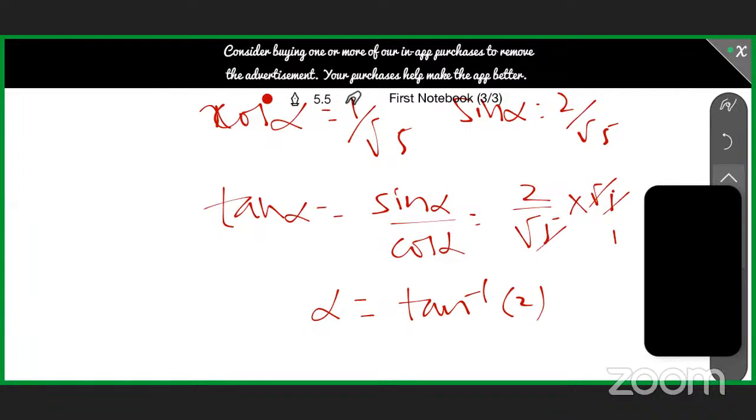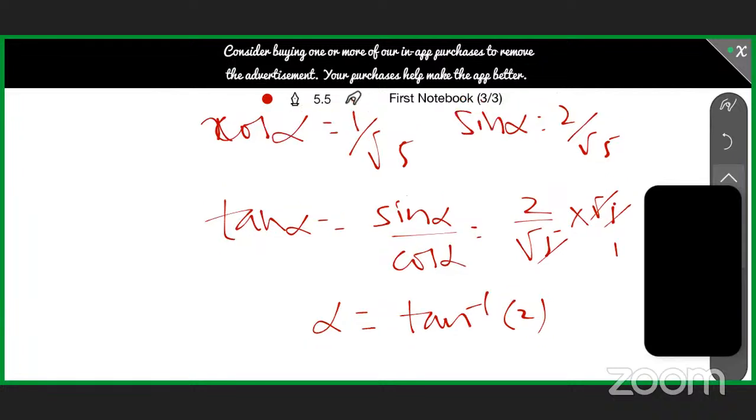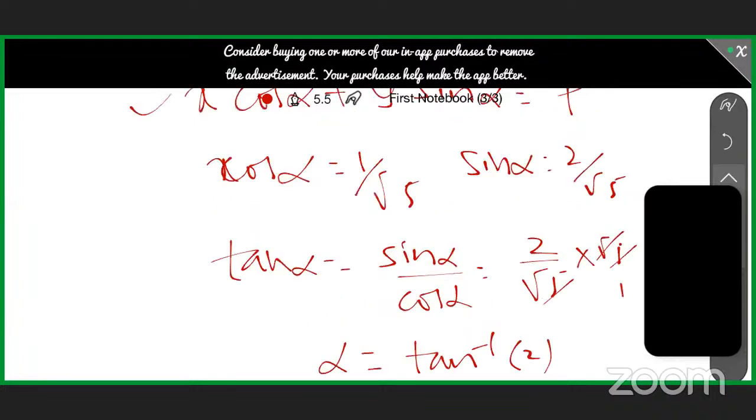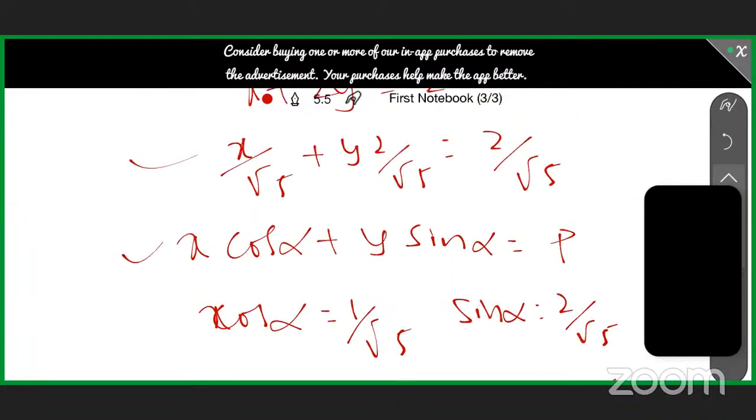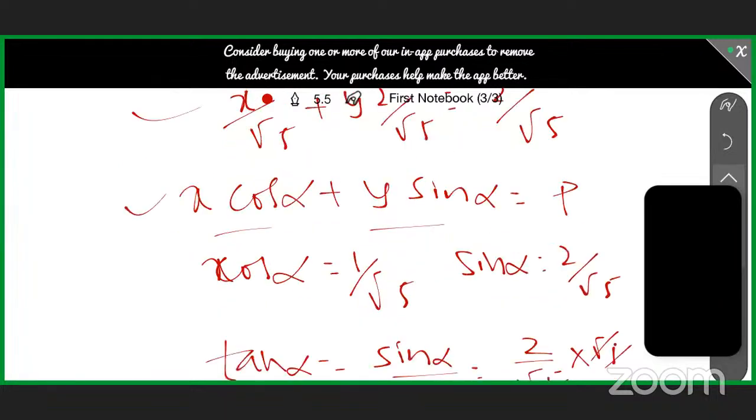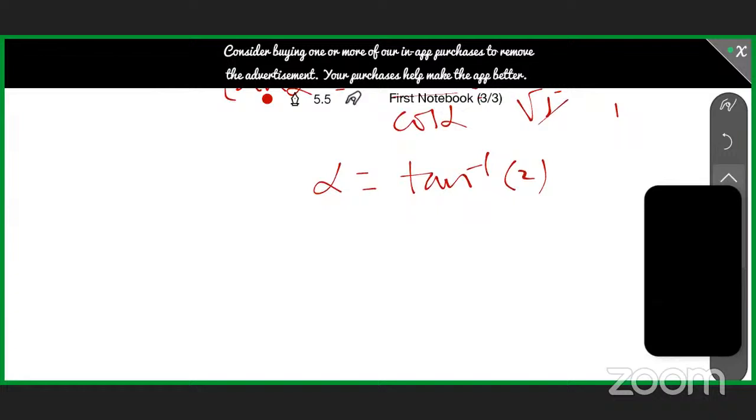Now look, both cos alpha and sin alpha are positive. In which quadrant? First quadrant. Therefore, alpha is equal to pi by 2 minus tan inverse of 2.